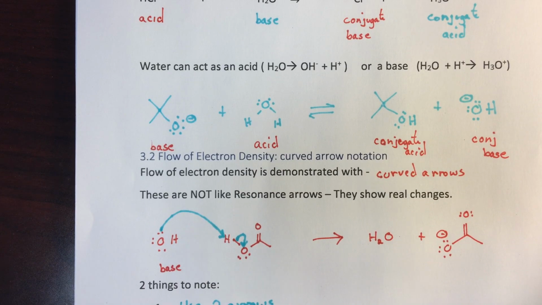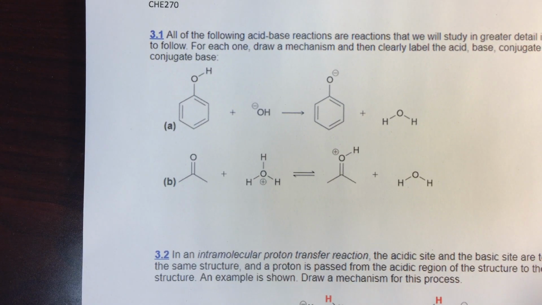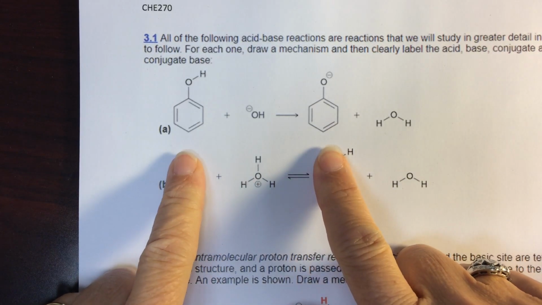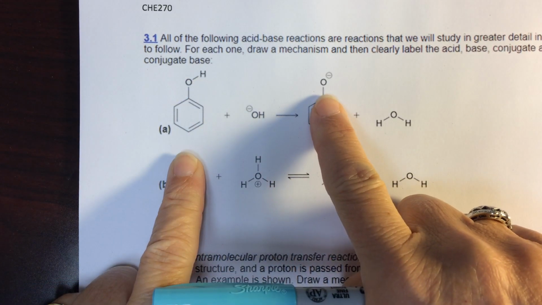So let's look at some examples. In these two examples, we want to label the acid, the base, the conjugate acid, the conjugate base, and we want to draw reaction arrows. Okay, so these two compounds look very similar. This one has a proton that this one lacks.